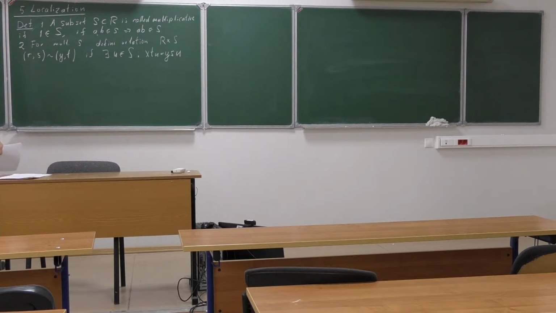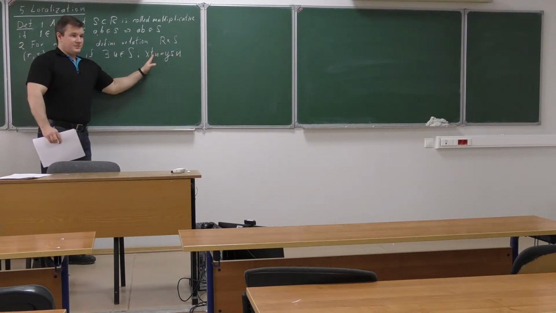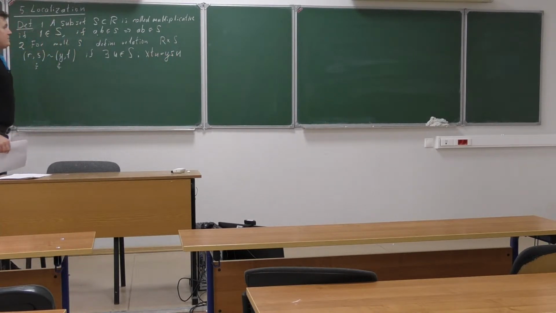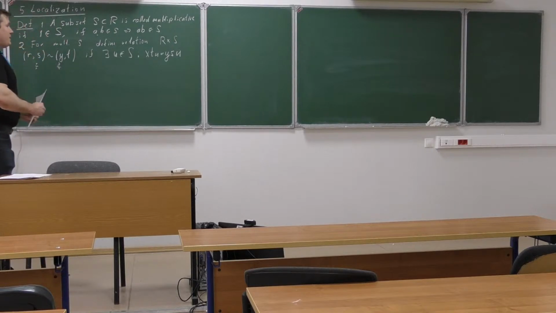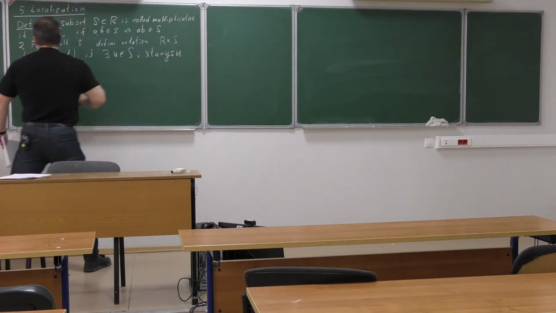So notice that naively, if you think about this as fractions x over s and y over t, you want to say that two fractions are the same if xt equals ys, but maybe without u, right? That would be a very naive definition. But I claim that this relation is actually an equivalence relation. And if you don't write this u here, you won't be able to prove that this equivalence relation is transitive. So it's essential. I'm going to leave this as an exercise, but it's essential that you have this u in the definition.